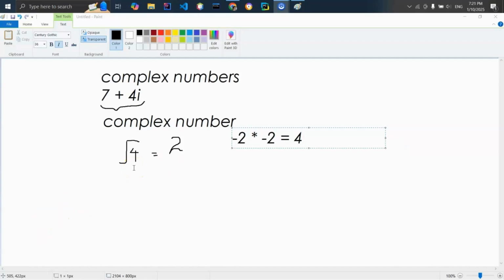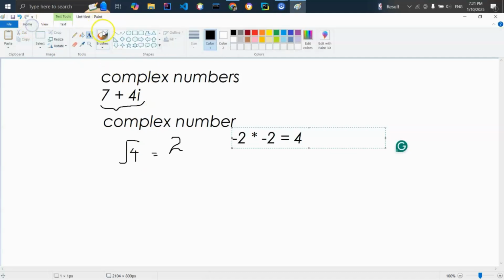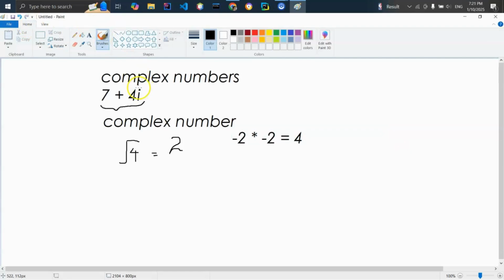The unit imaginary number is i. This part is the imaginary number. This part is the real number.